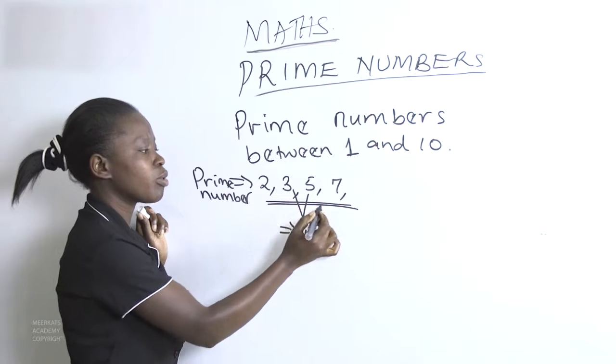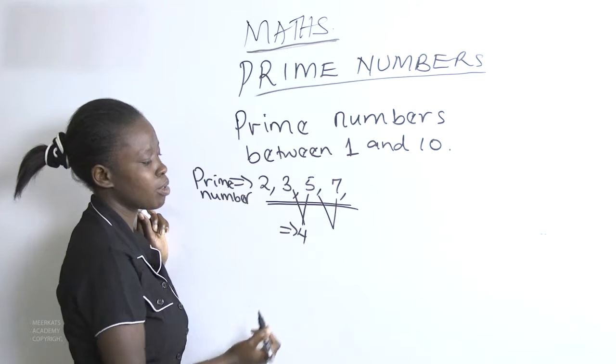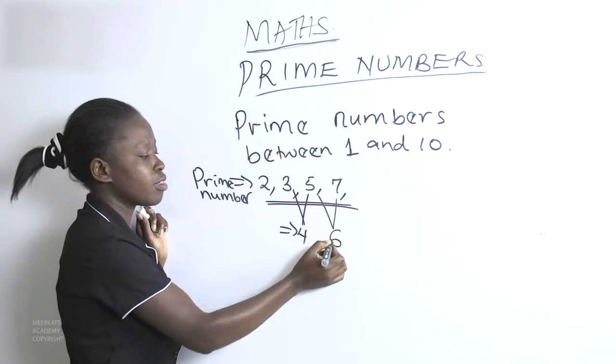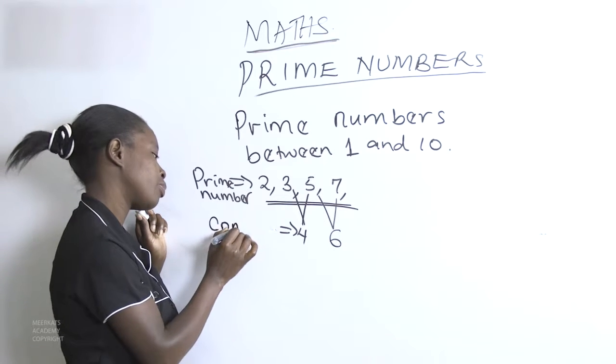We discover that 4 is not a prime number, it is a composite number. 6 is a composite number.